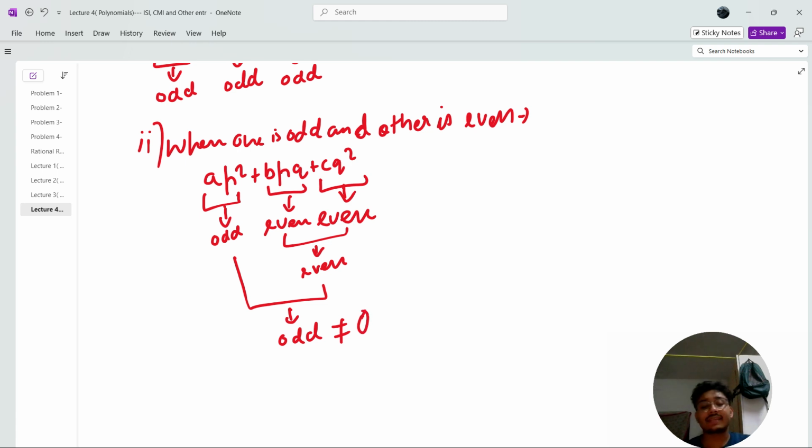The similar case happens if we take my P to be even and Q to be odd. One thing is changed, this becomes even, this becomes odd. Therefore, we have shown in the feasible cases that whenever my root is rational, my cases are not getting satisfied, hence there is a contradiction. Hence it cannot have rational roots if the coefficients are odd integers.